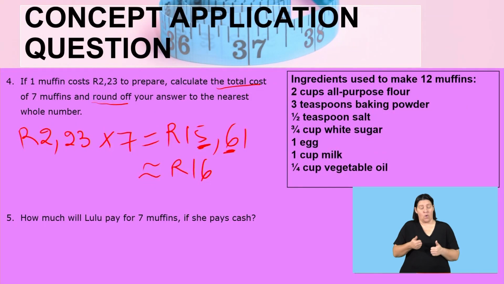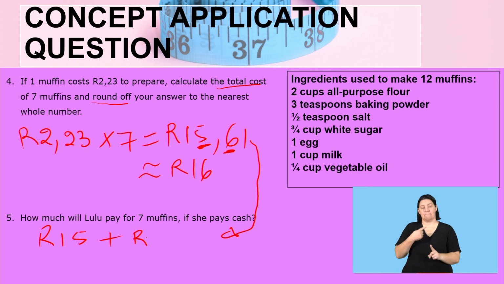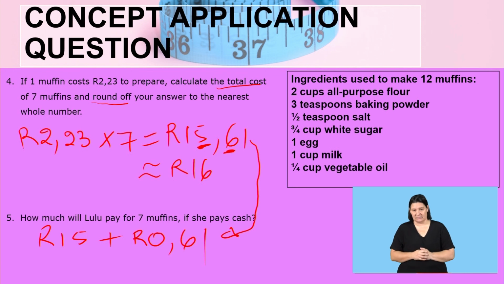So now the next question, how much will Lulu pay for 7 muffins if she pays cash? If she pays cash, because the cost originally was 15 Rand 61, we need to write it down: 15 Rand 61. We can break it down as 15 Rand plus 61 cents. Remember, when we round off currency, we always round off to the nearest 10 cents, because the minimum currency in South Africa is 10 cents.